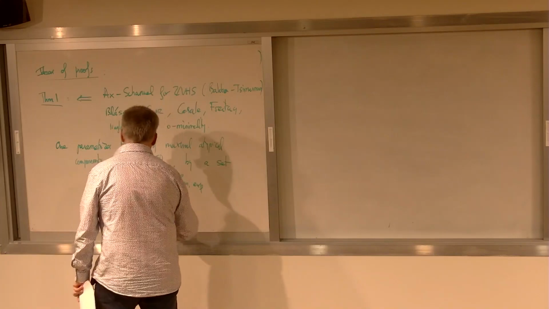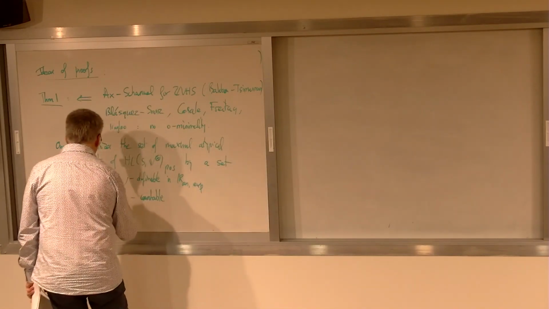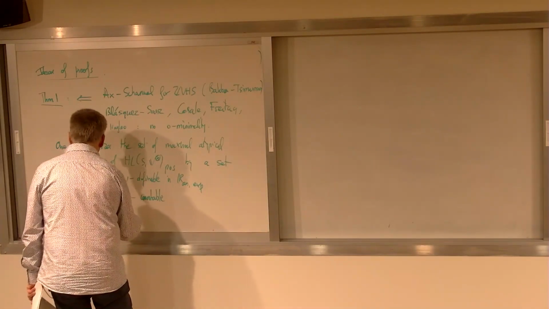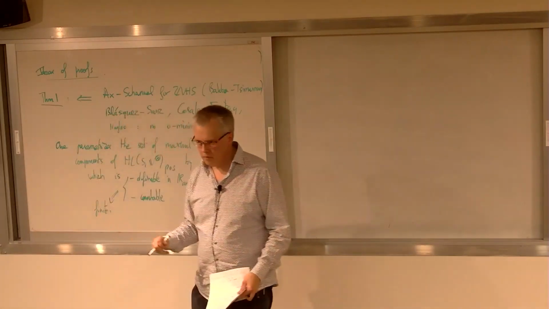And so doing those two things together, you see that this is actually a finite set. This is basically really how you use o-minimality.